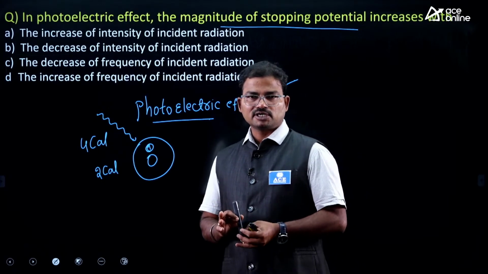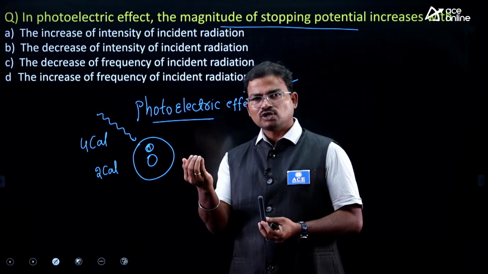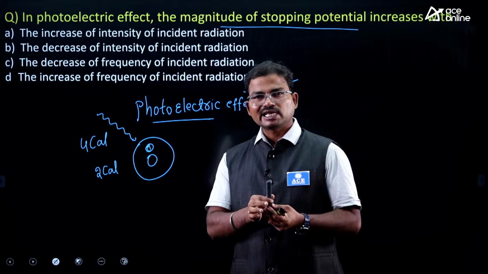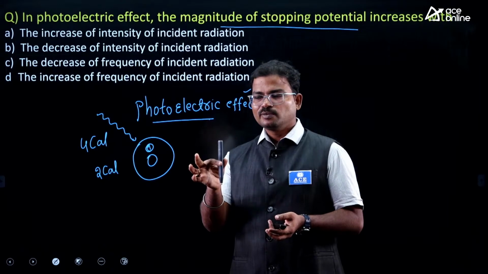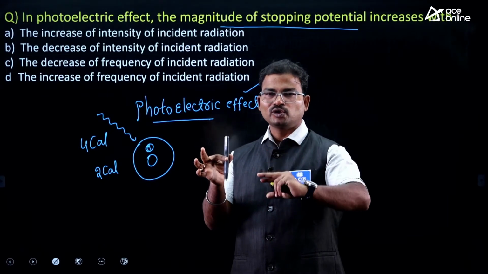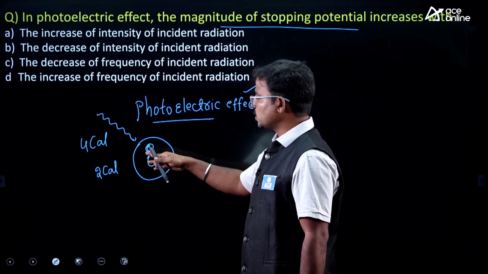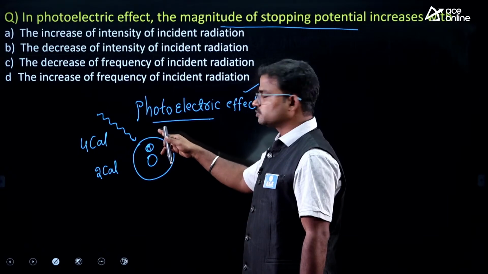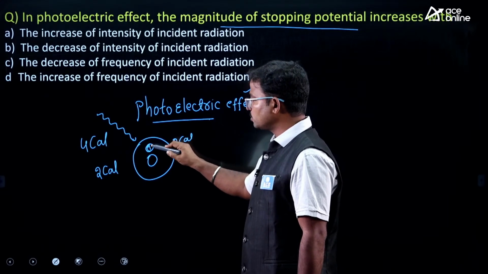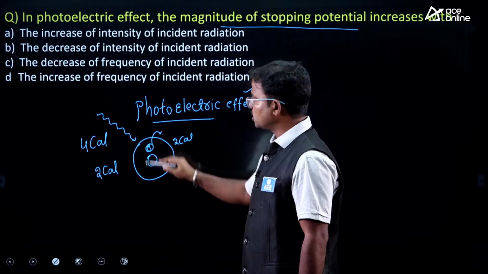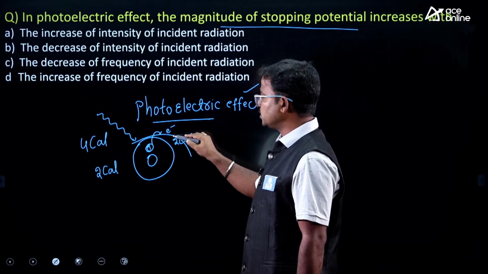The valency electron first absorbs half of the energy, and the remaining 2 calories are also absorbed. Then finally it jumps to the higher energy orbital.